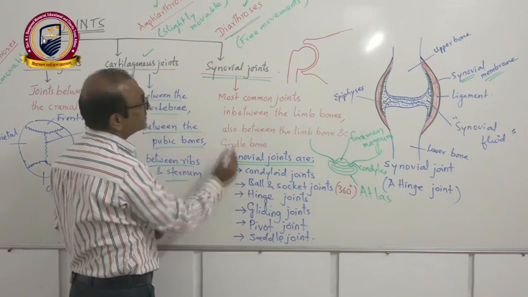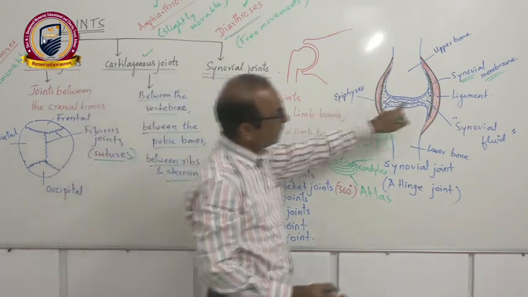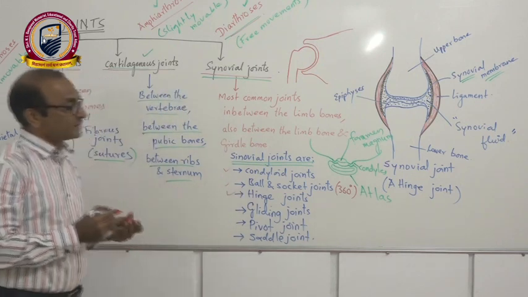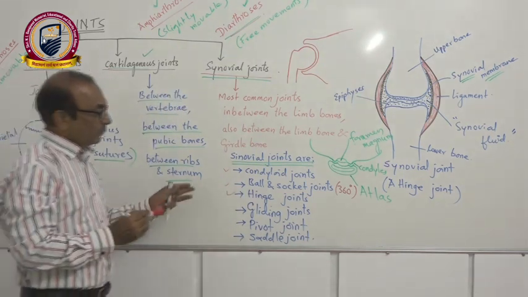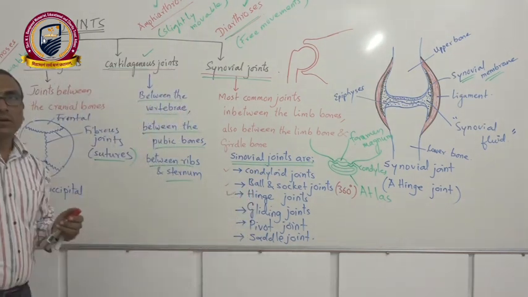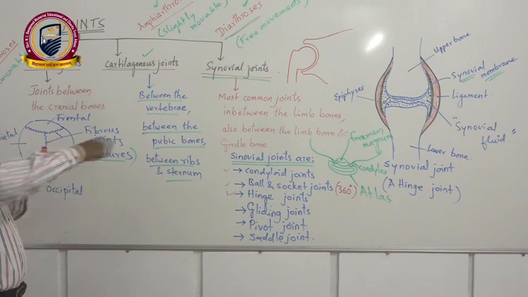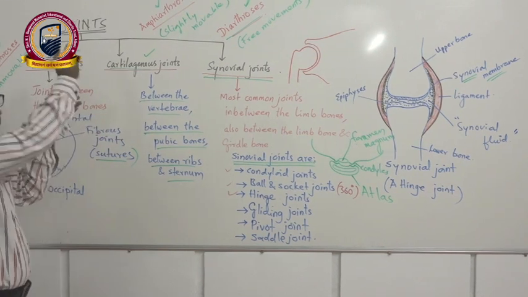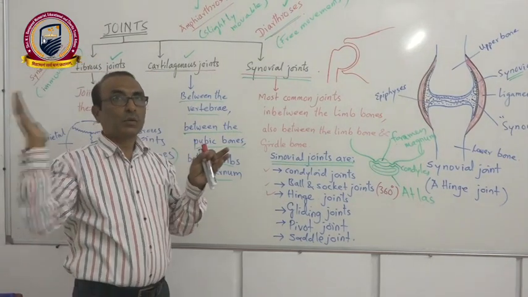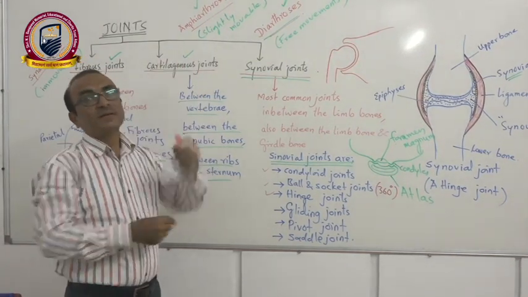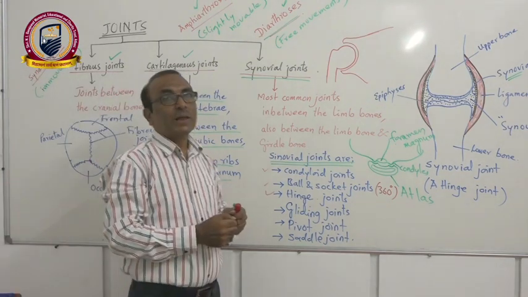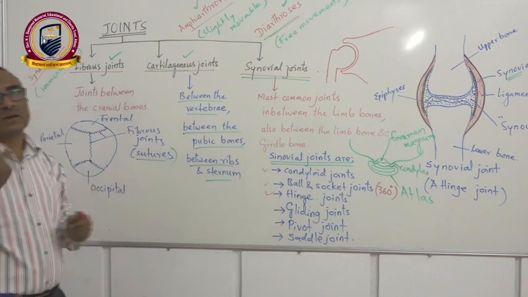Remember, all these are synovial joints, where you have a similar structure. Okay. Then hinge joint. The hinge joint is given its name based on the hinge plate we have in doors. For example, when you open and close the door, where the door is fitted to the framework, there you find hinges which allow folding only one side, not the other side.